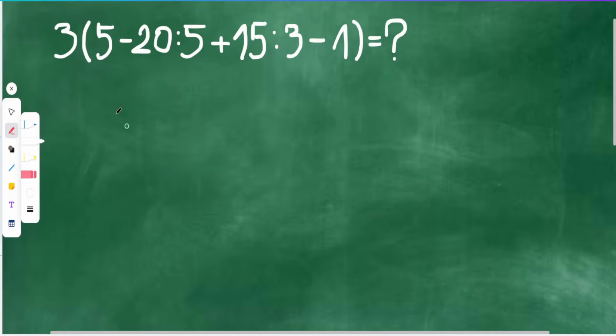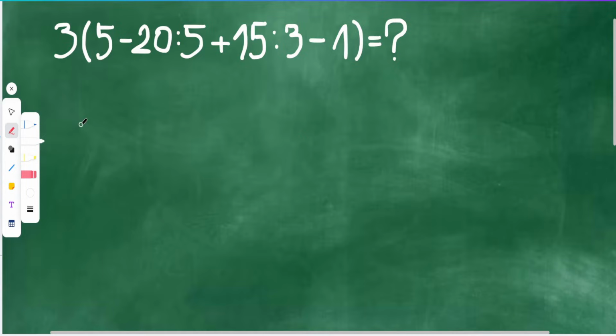And we can see that in front of the bracket there is a 3. Also note that after the 3 there is no sign of either multiplication or division, addition, subtraction. And how are we supposed to guess what we are supposed to do with this 3? This is a mathematical trick.